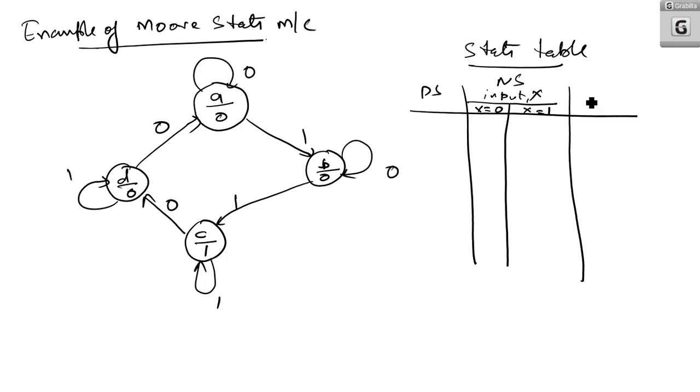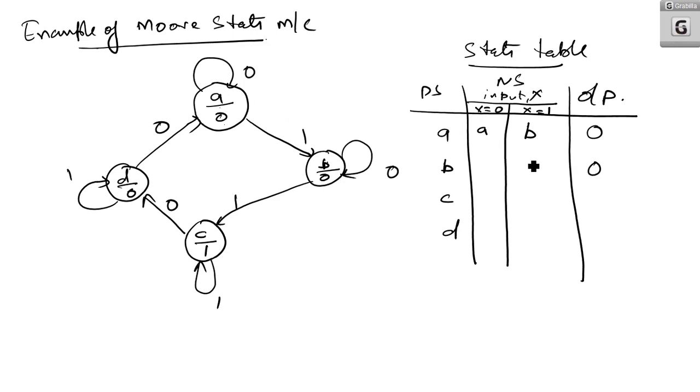Then what is the output? Present states are A, B, C and D. At A, when input is 0, it will remain in A itself. If input is 1, it will go to B. When present state is A, what is the output? Output is 0.